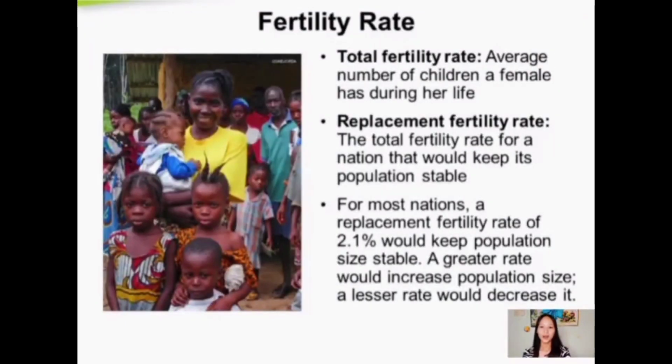To continue our discussion, let's proceed to the fertility rate. It refers to the number of children born alive to women of that age during the year as a proportion of the average annual population of women of the same age, or the average number of children a female has during her life.